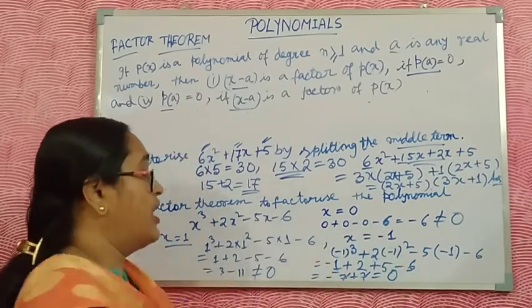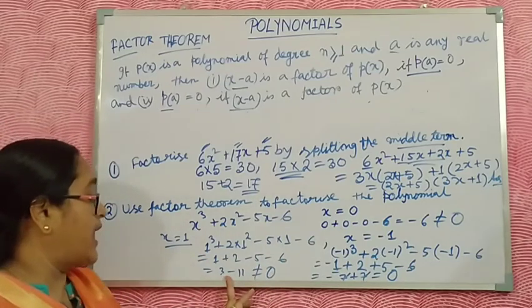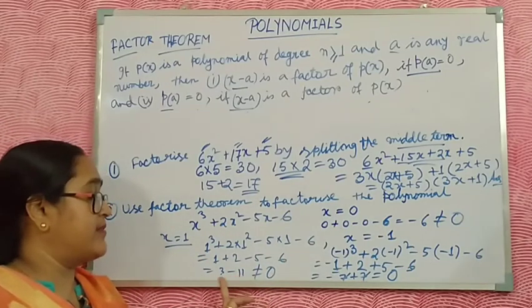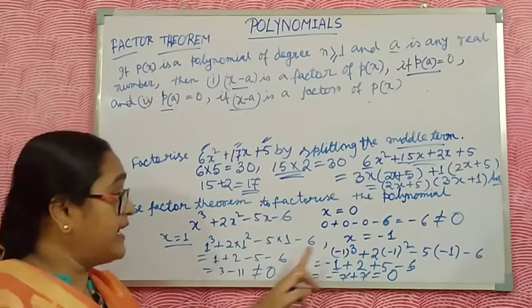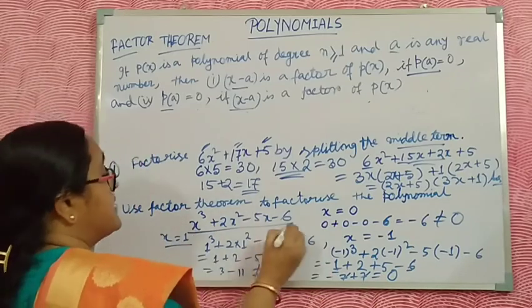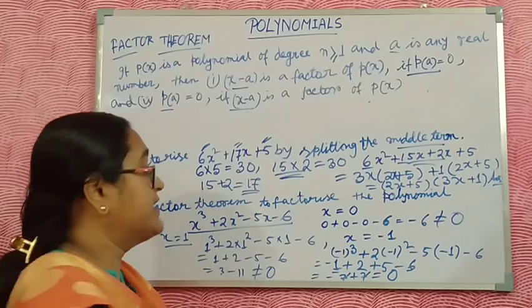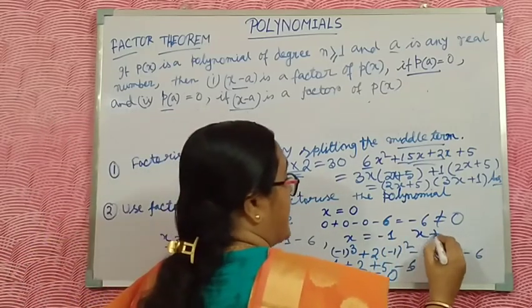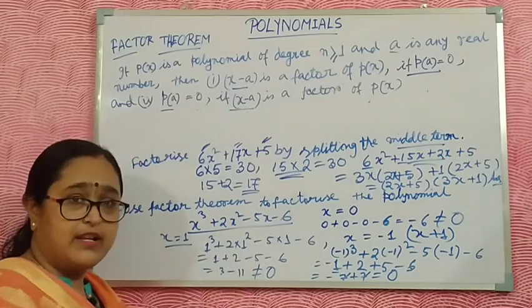When I put 0, this is minus 6, not equal to 0. When I put 1, this is 11 minus 3, which is minus 8, also not equal to 0. When I put x equal to minus 1, this polynomial vanishes. That means the remainder is 0. Then I say x plus 1 is a factor of this polynomial.